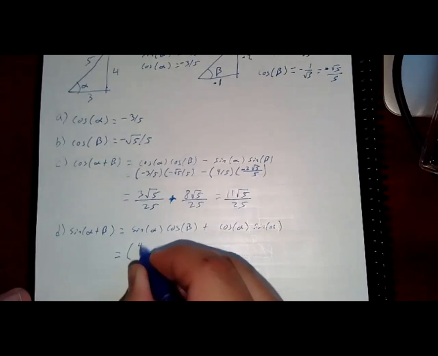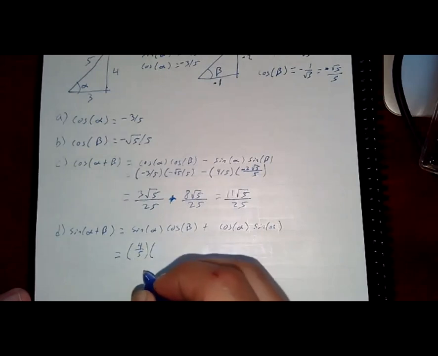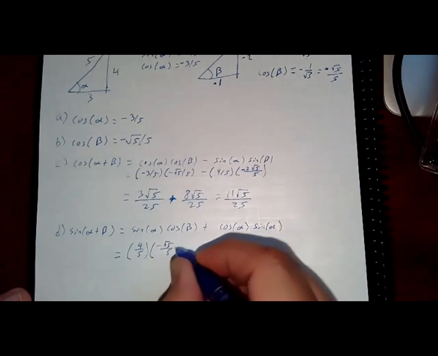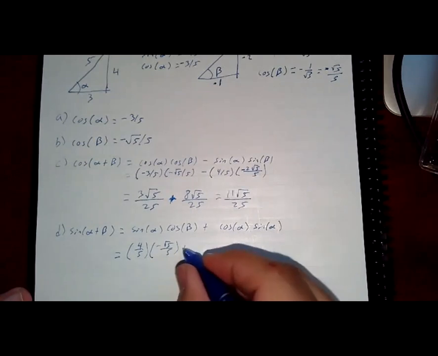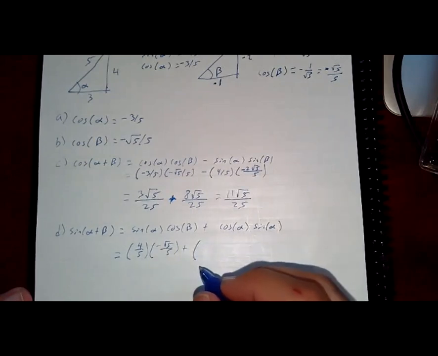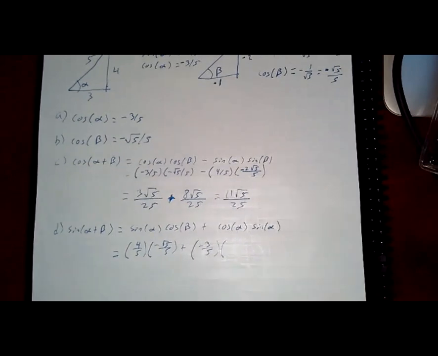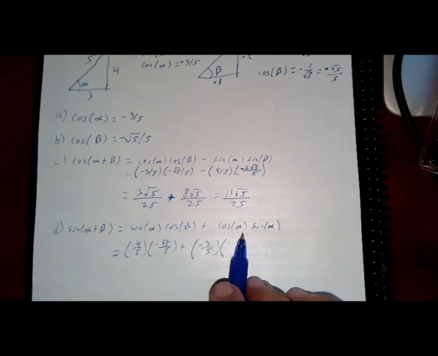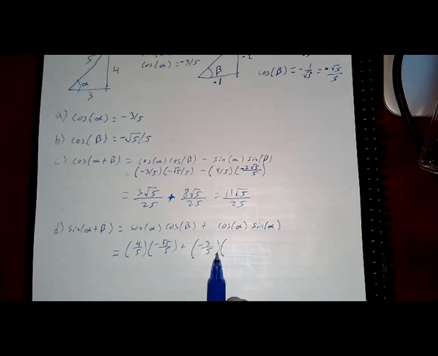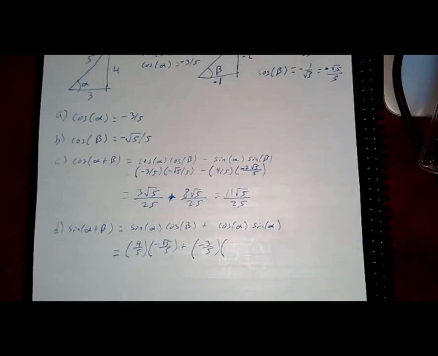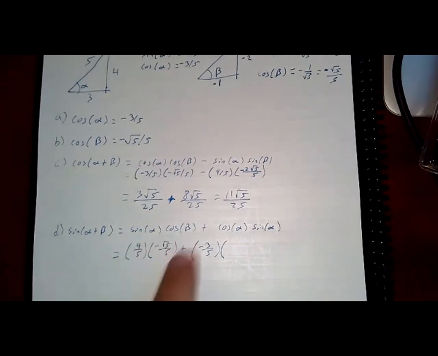So this will be 4/5 times cosine beta, negative root 5 over 5, plus cosine alpha, which is -3 over 5, times sine alpha. Double check here. Oh, hold up. Something's off here.